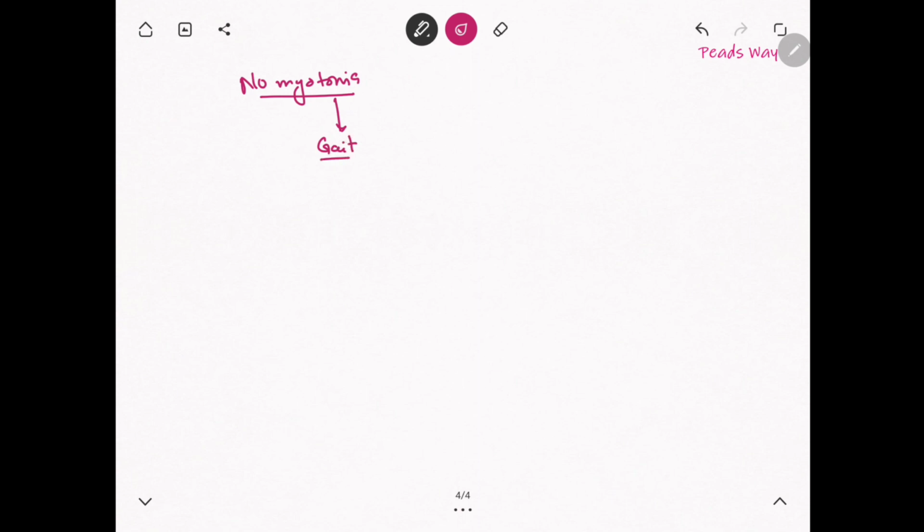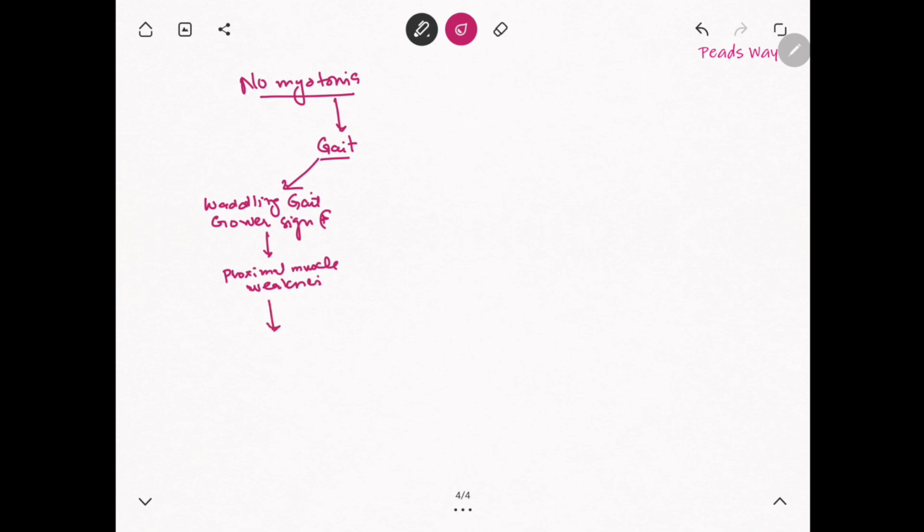In this case you will see what is the gait of the patient. If the patient has waddling gait and Gower sign is positive, Gower sign depicts proximal muscle weakness, and there is proximal muscle weakness which is demonstrated by Gower sign.